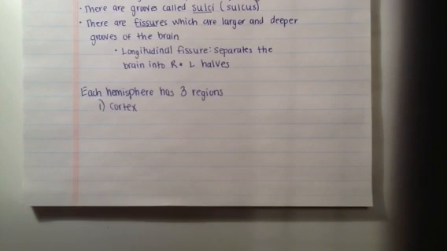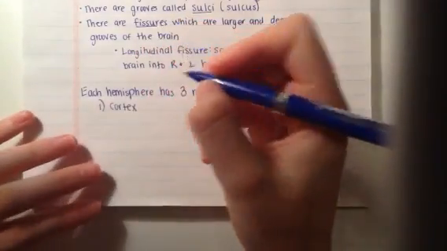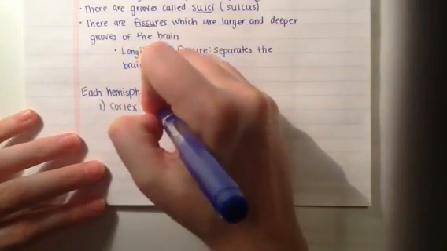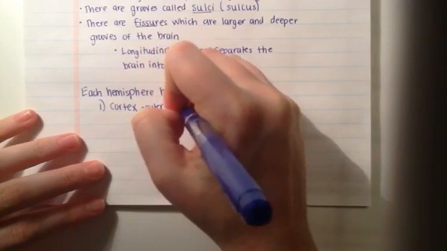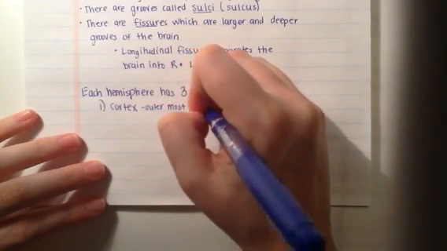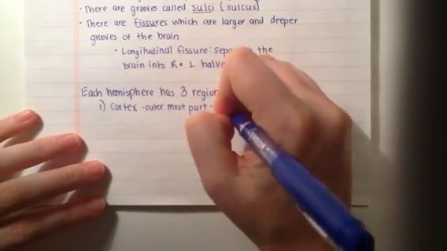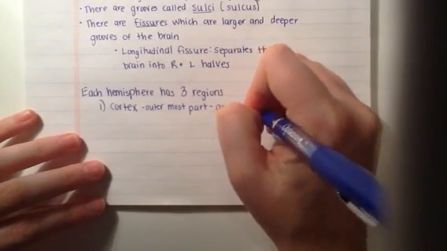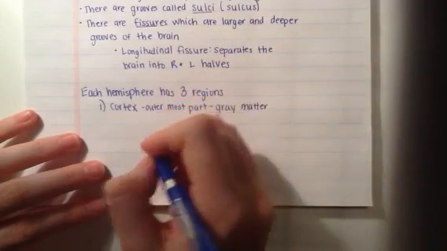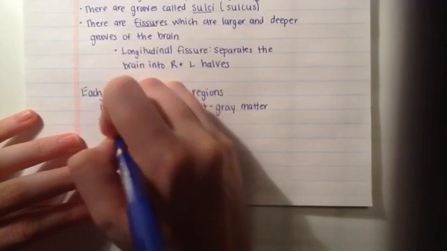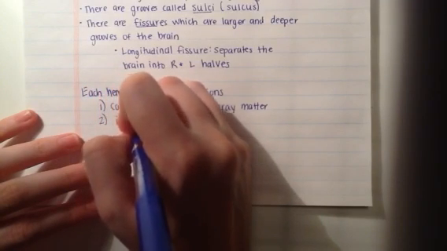It's going to be what you see if you were to take the brain out, or when we do the brain dissection, what you're looking at is the cortex, and it's the outermost region or outermost part. And it is going to be gray matter, and I'm going to explain what that is in just a second.